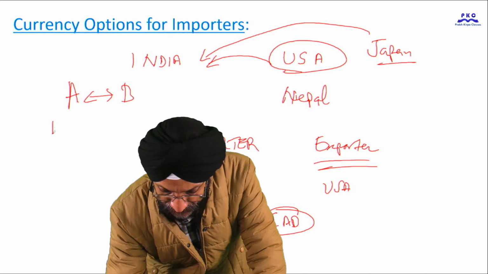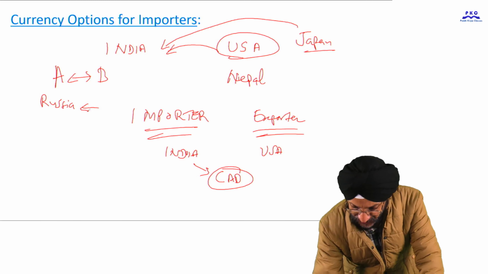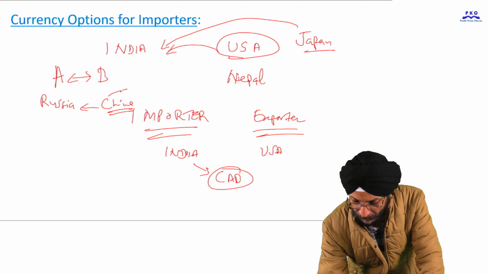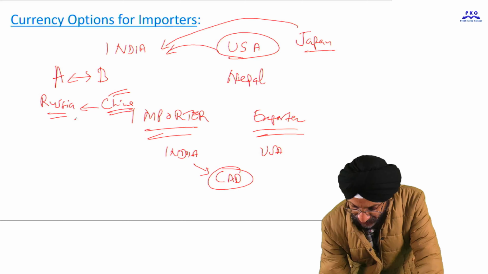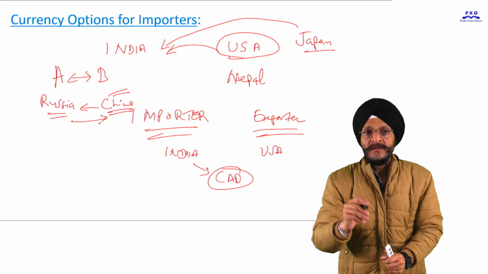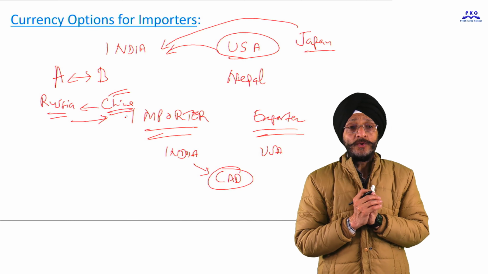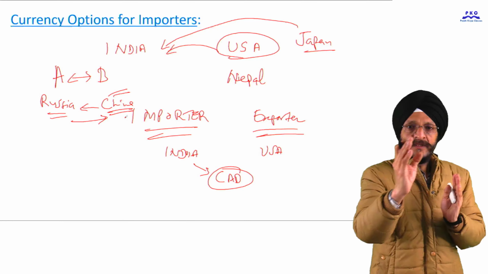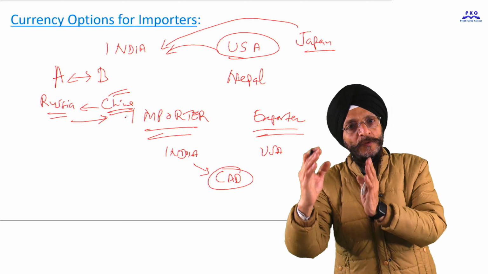It means that if Russia is importing from China, it will pay in Chinese currency. If China is importing, then the exporter is Russia, and the Chinese will have to pay in rubles. So in case of a trade agreement, they may ask for payment in the currency of the exporting country.